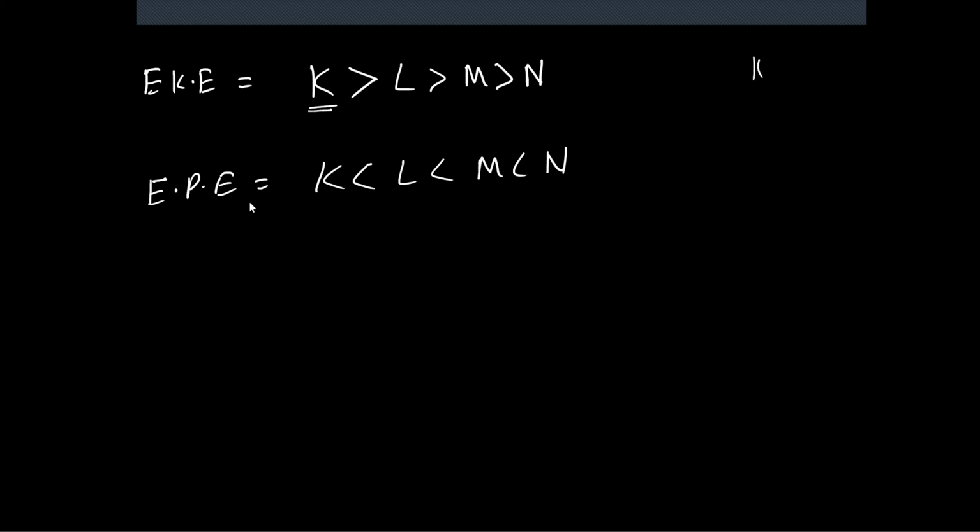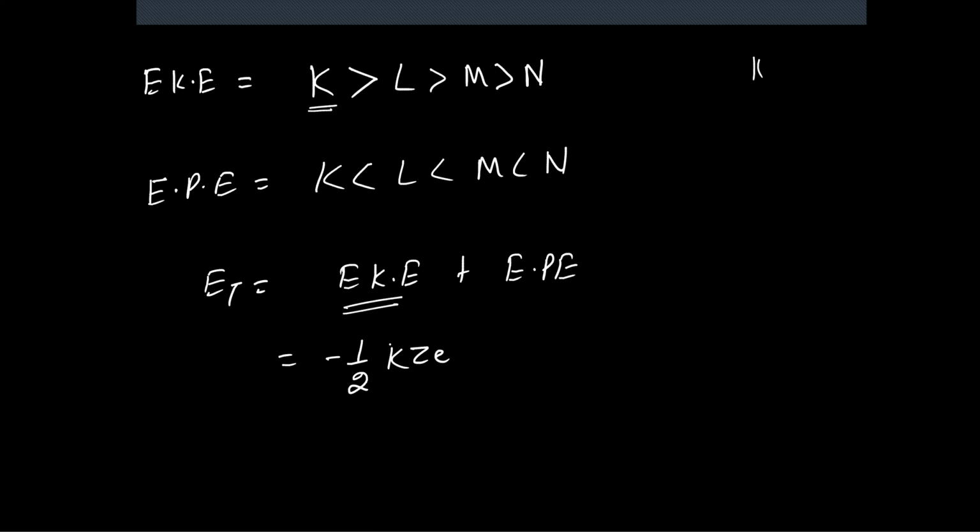Next, if I talk about the total energy, you know the total energy is kinetic energy plus potential energy. It is exactly half of KZe square by r. So the total energy will be equal to minus 13.6 into Z square upon n square electron volt per atom.